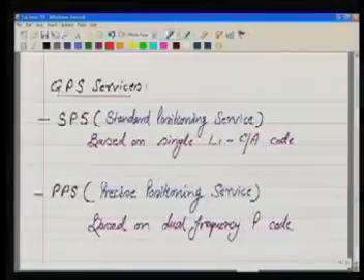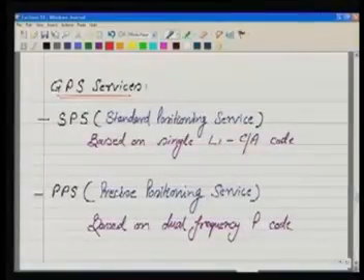Now we will talk about some services which are being given by the GPS. What is the meaning of these services? Services means what kind of signal we are using for our positioning, and accordingly we name some services. So the GPS services, number 1 is SPS.